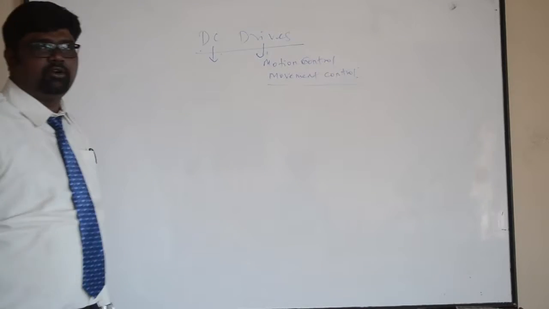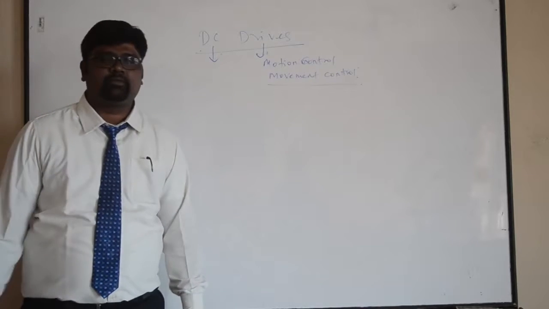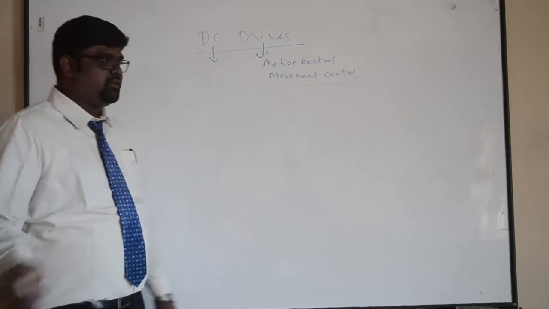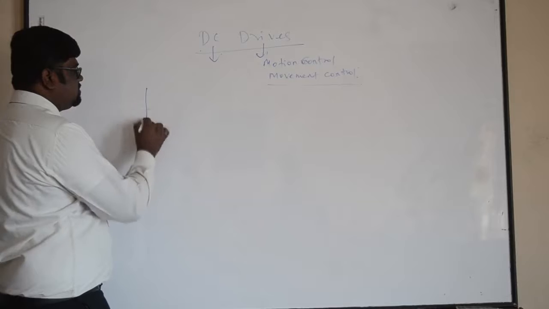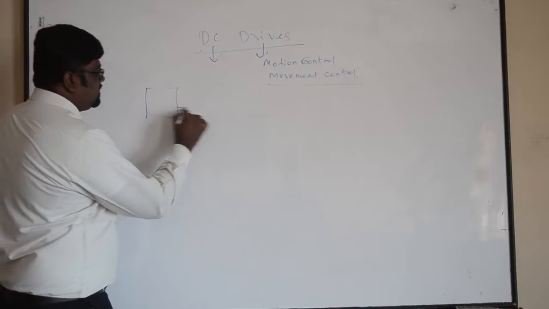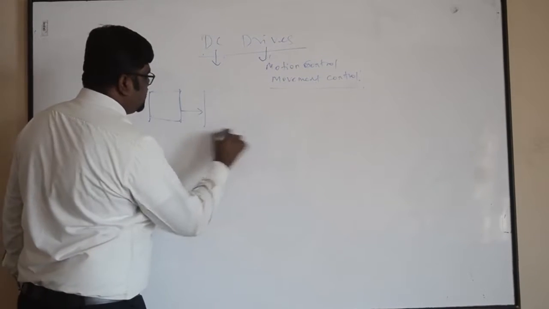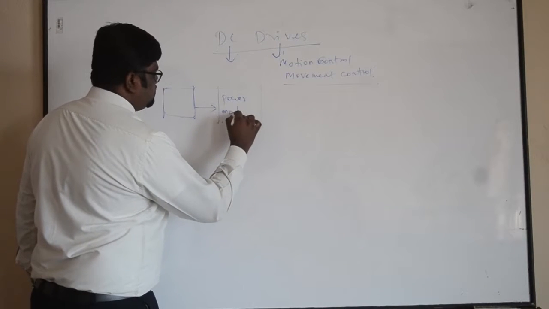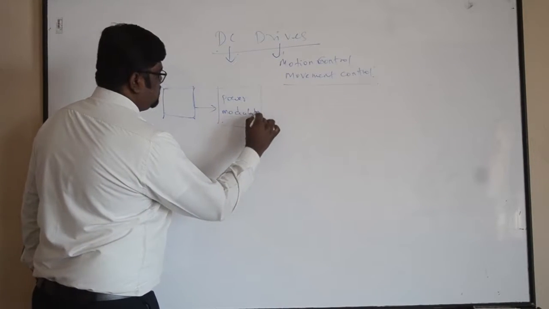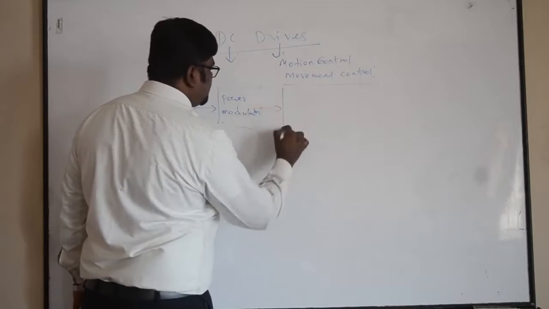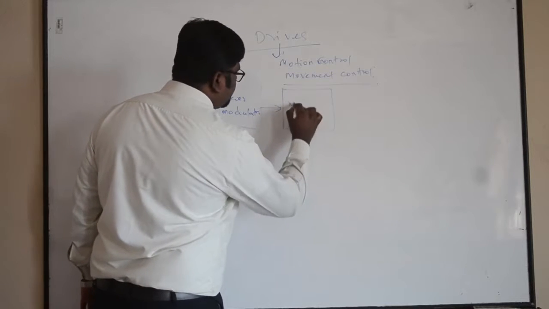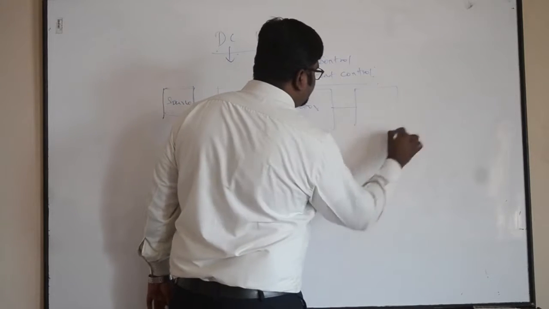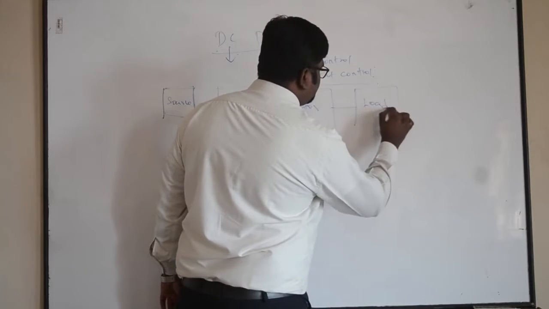First we will see the basic block diagram of a DC drive or an electrical drive. First there will be one source, then there will be one power modulator. Next, from the power modulator we will be connecting a motor, and from the motor we will be connecting one load.